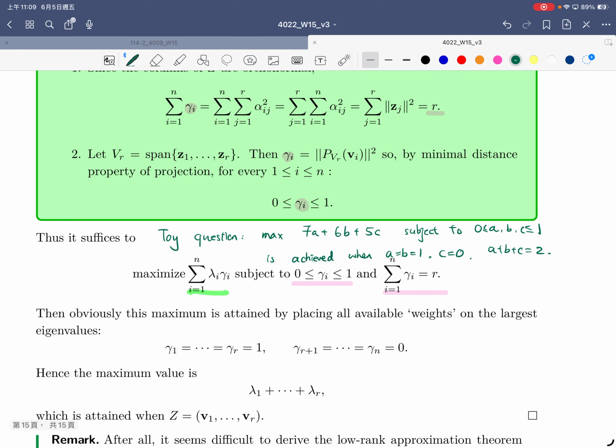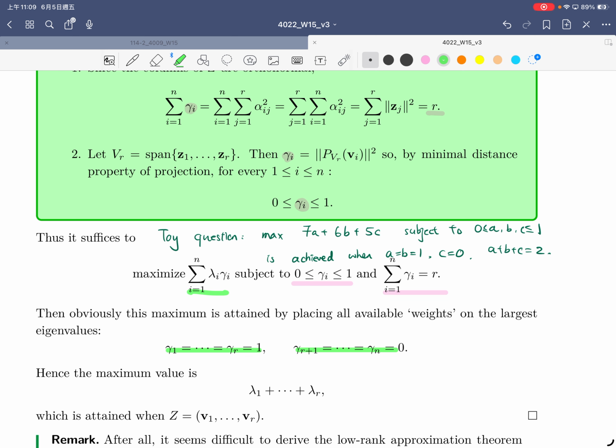So analogously, here, you obtain the maximum value exactly when you allocate all the weight to the largest γ's. So the first r γ's are 1, and the remaining are 0.